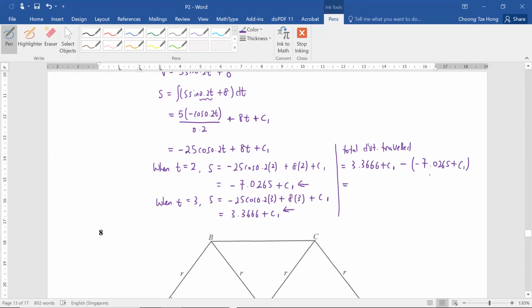You see the c1 will cancel itself away. Minus becomes plus, right? The c1 will subtract itself away. So the answer will just be 3.3666 plus 7.0265. So you should get this one, then round to 3 significant figures, you get this.